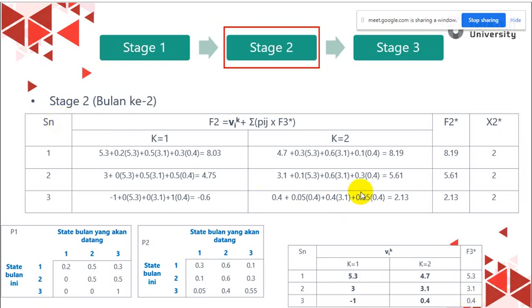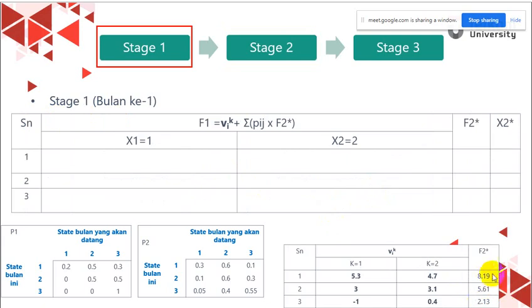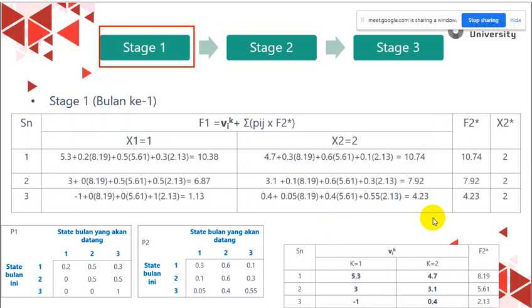And then, I'm sorry, like in here, yeah, 8.19, 5.61, and 2.13. And then we multiply it again. So this line is from here, yeah.